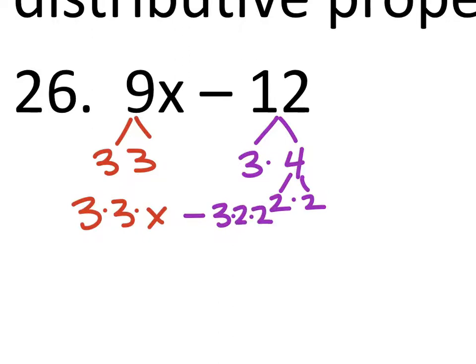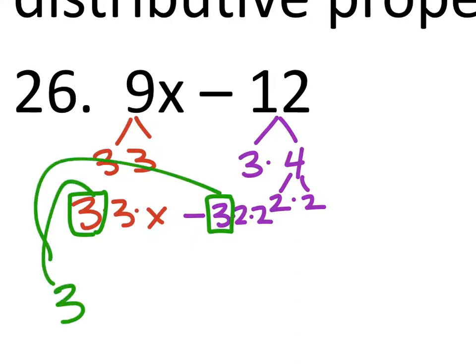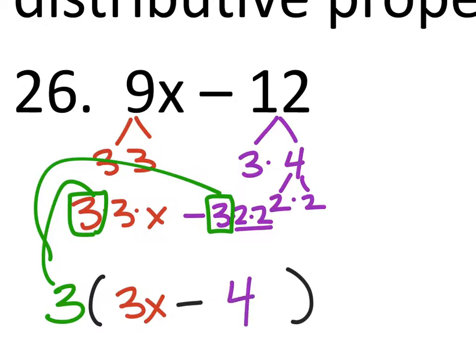And from here, we're just looking for any common factors between what I have in red and purple from the 9x and the negative 12. And the only one I can identify is this 3 and this one. Okay, so again, we factor these out outside of what is now a set of parentheses, this grouping. And what was left over? Well, you had the 3x in red. There's still subtraction between. And then these 2's right here, you're going to combine those. 2 times 2 is 4.